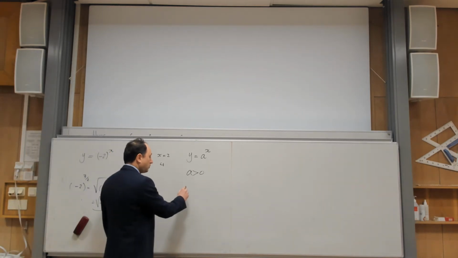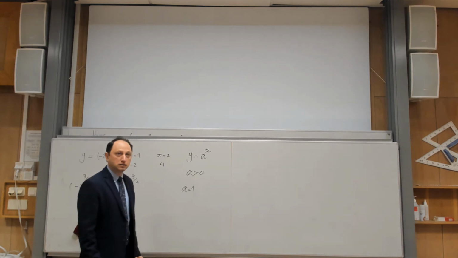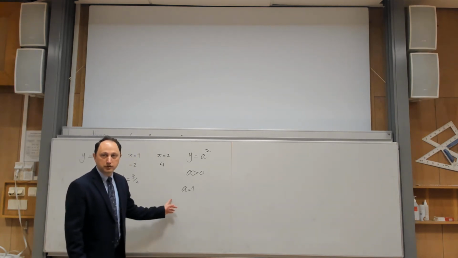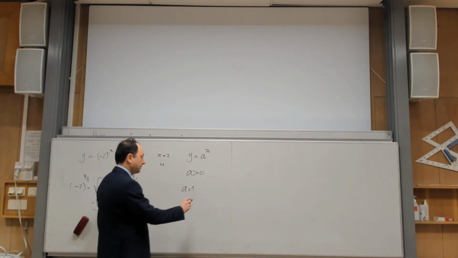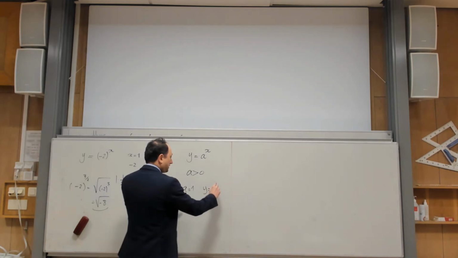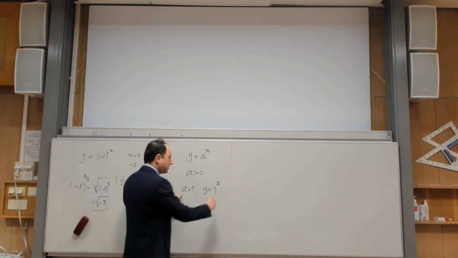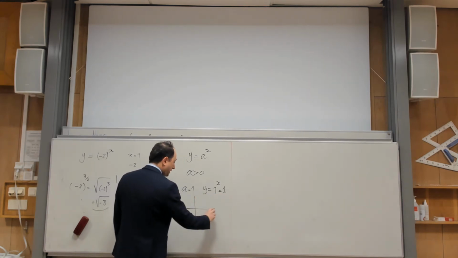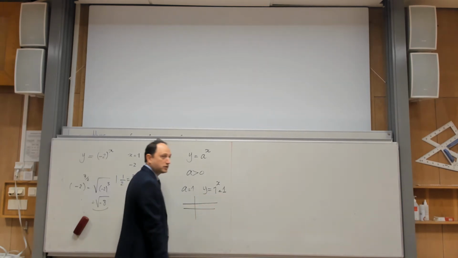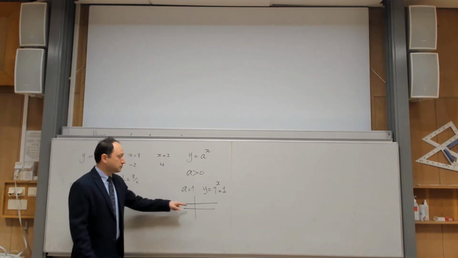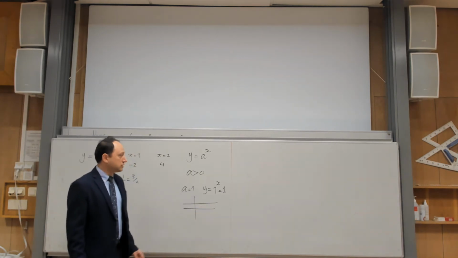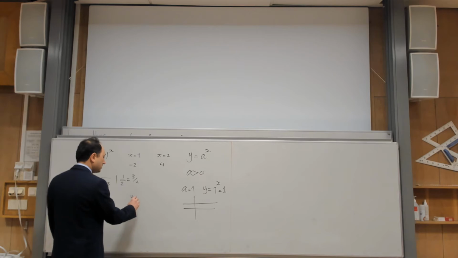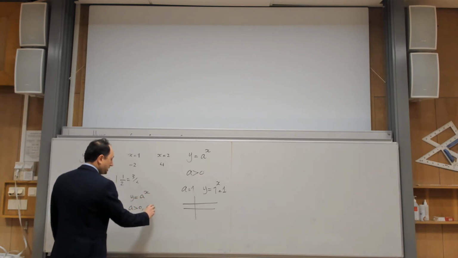But the point is, what happens if a is 1? It's not an exponential function. Suddenly it becomes 1 to the power of x. But 1 to the power of x is just simply 1. And if I ask you to draw the graph of this one, this becomes a horizontal line. So it's not exponential anymore. So when you say that you have an exponential function, remember, a should be positive and a shouldn't be equal to 1.